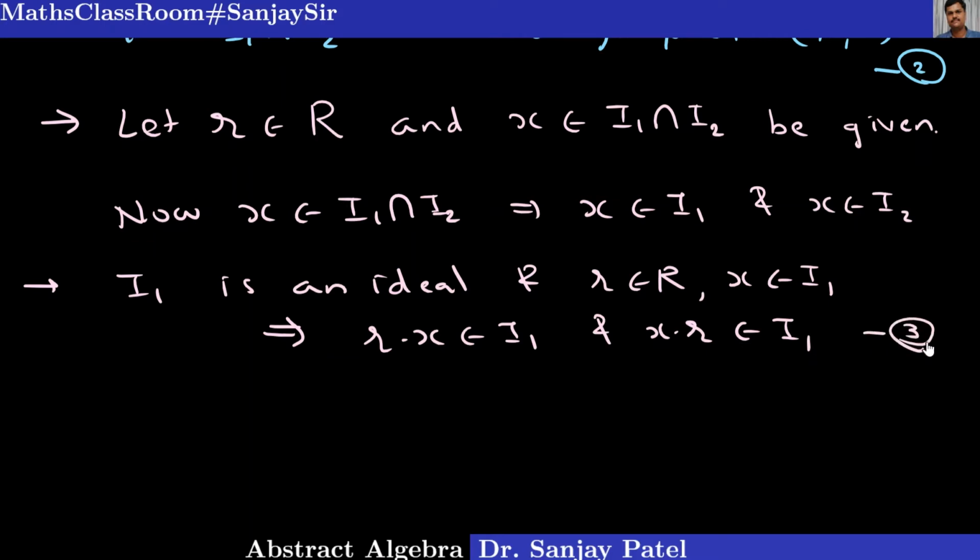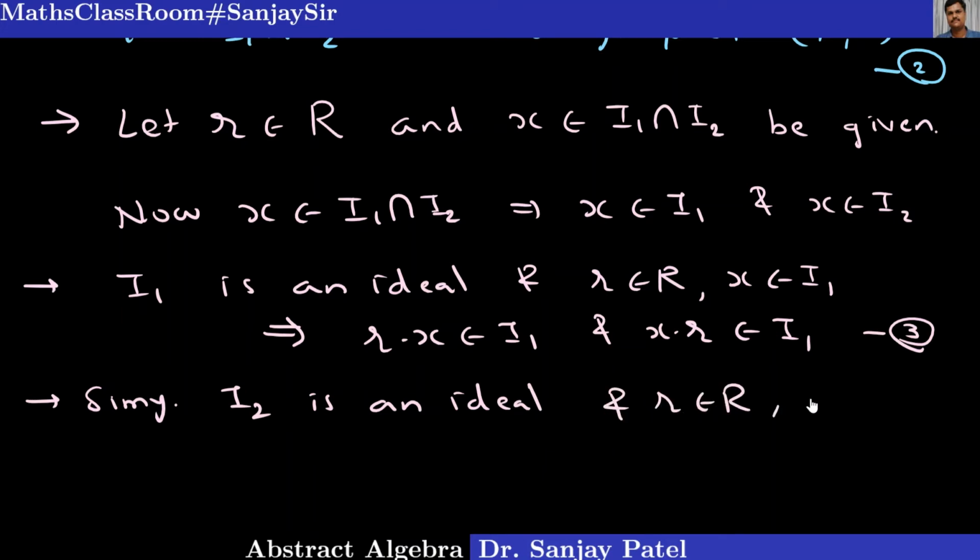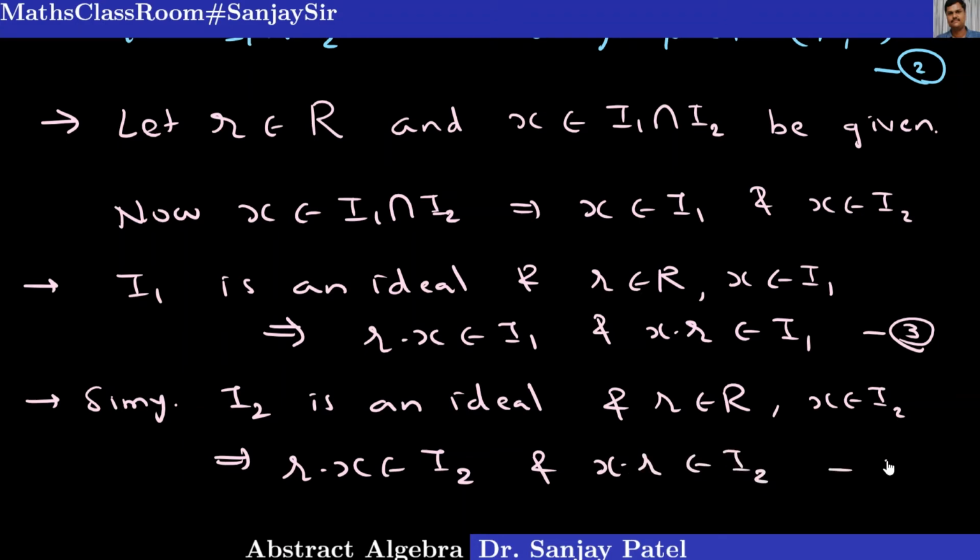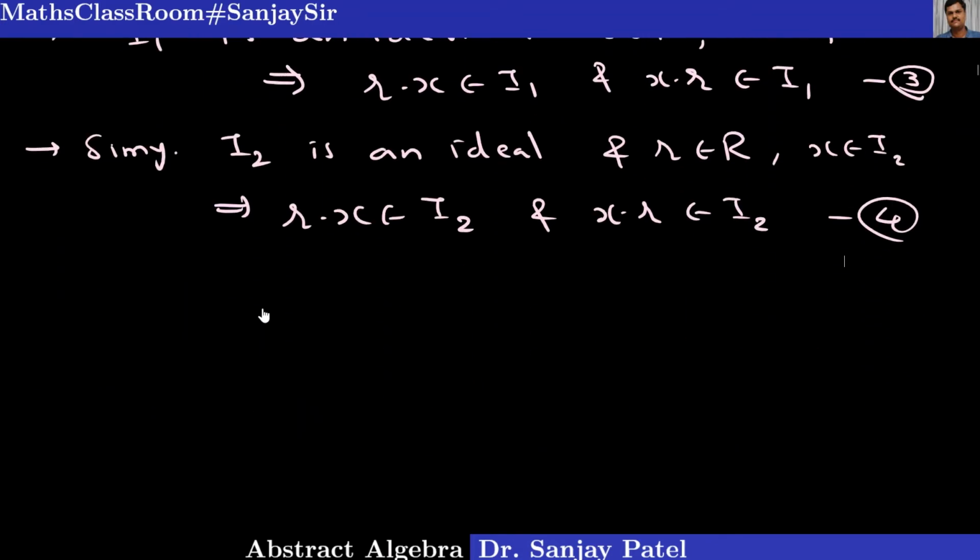Same way, similarly, I2 is an ideal, and we are given that r belongs to R, and we also know that x belongs to I2. So I can write this implies r into x belongs to I2 and x into r also belongs to I2. By the definition of ideal, xr and rx both belong to I1 and I2.